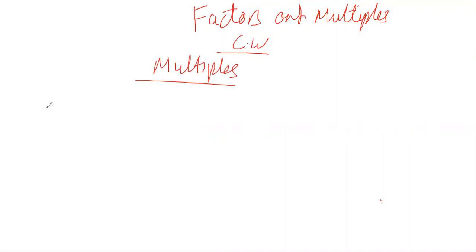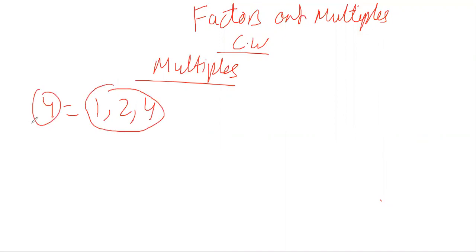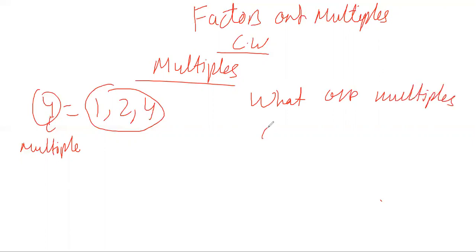Now we learned that, for example, for 4, 1, 2, 4 are factors of 4, and 4 is a multiple, right? So if I ask you what are the multiples of 4? What does it mean?